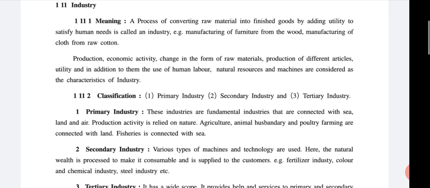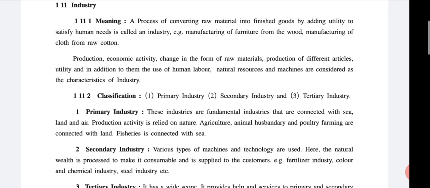In common parlance, anything where raw material is converted into finished goods by adding utility to satisfy human needs, this whole process is called industry.